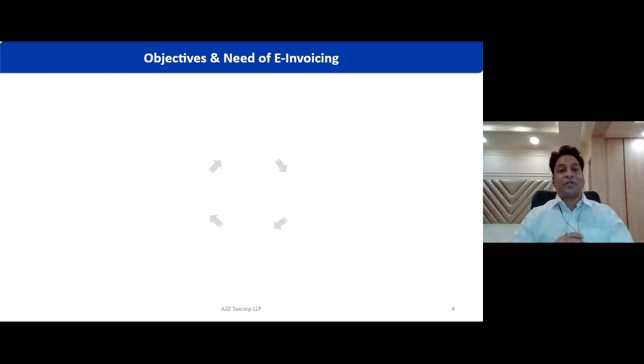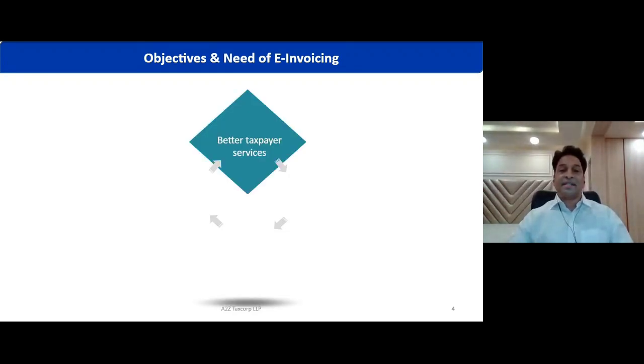What is the advantage to the taxpayer? Taxpayers get a lot of advantage with this e-invoicing, and we are here to discuss how honest taxpayers should be rewarded. It is a better taxpayer service. Once your invoice is standardized as per the e-schema and converted into a JSON file, using a utility from your ERP, accounting, and billing software, this JSON file is then uploaded to the IRP dedicated portal.